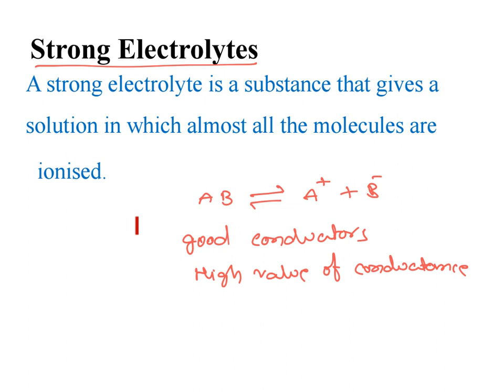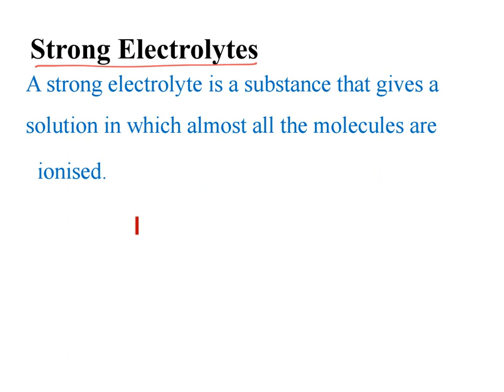Examples for strong electrolytes are strong acids, which act as strong electrolytes. Examples: HCl, HBr, HI, H2SO4, HNO3. This all comes under strong electrolyte.